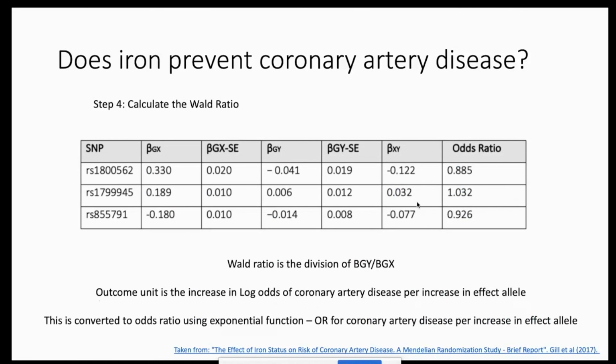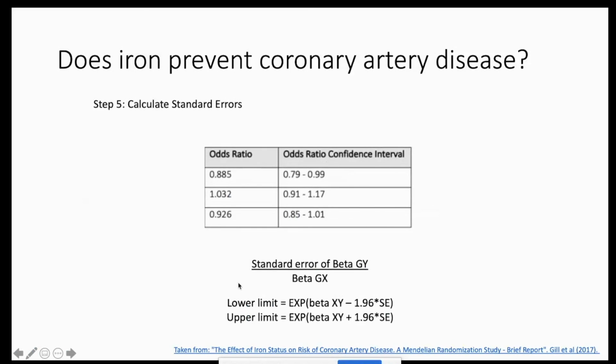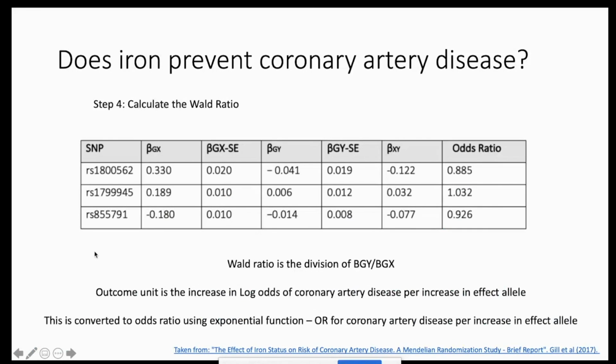Because coronary artery disease is a binary trait, so you either have coronary artery disease or you don't, this outcome is the log odds of coronary artery disease per increase in the effect allele. So this is really important to note, that the outcome unit is the log odds of coronary artery disease per unit increase in the effect allele.